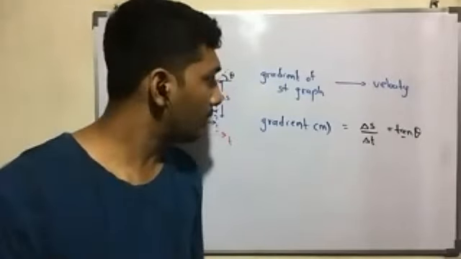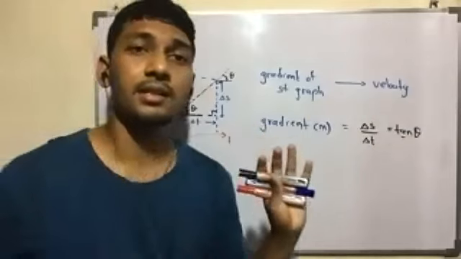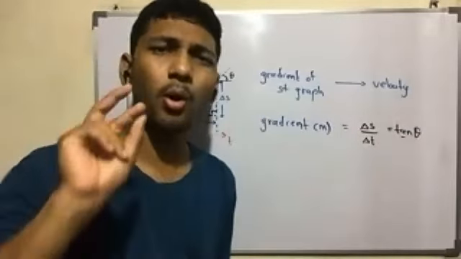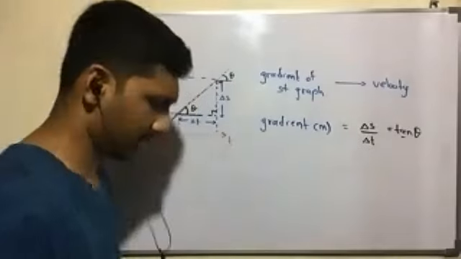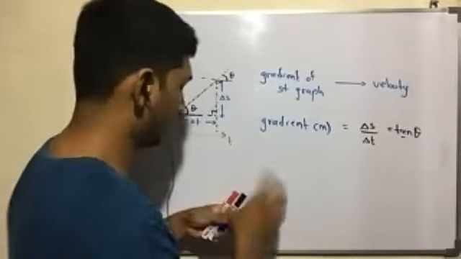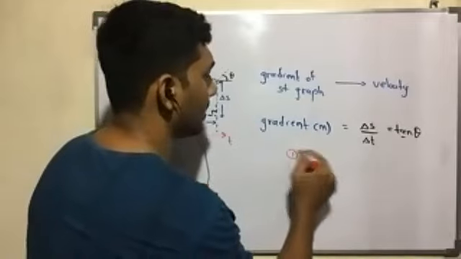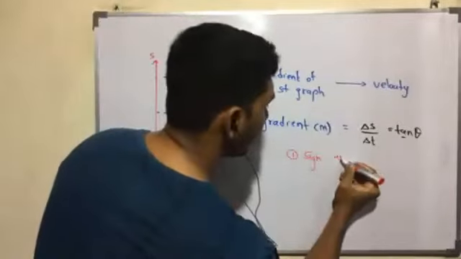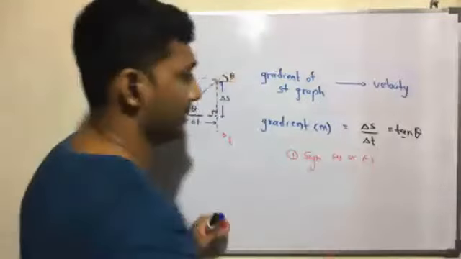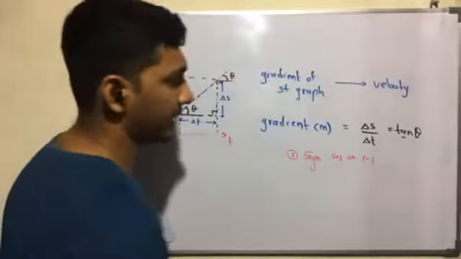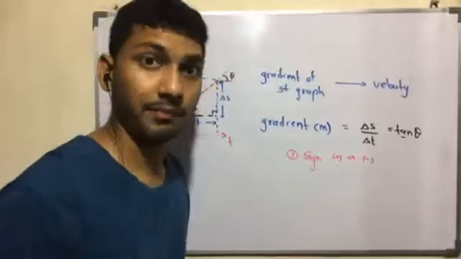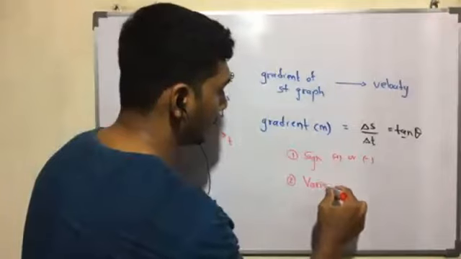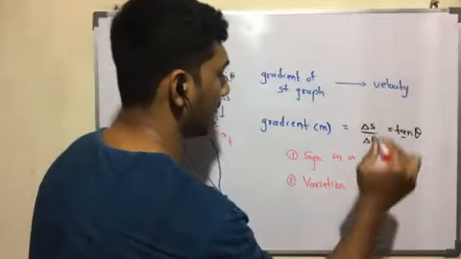Okay, so for this gradient, we are going to talk about only two things. One is the sign of the gradient, whether it is positive or negative. The second thing is the variation of the gradient.